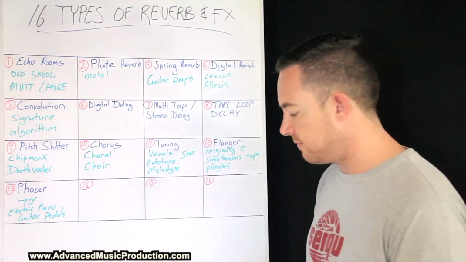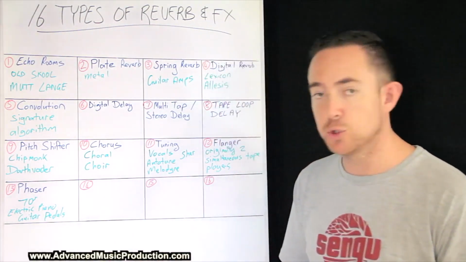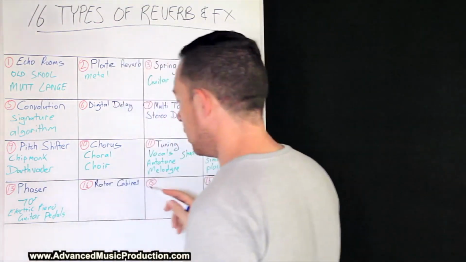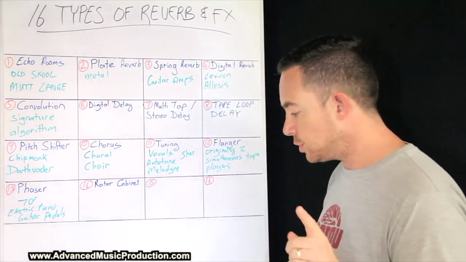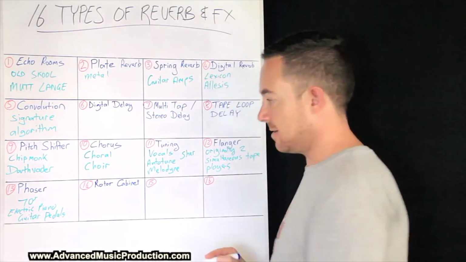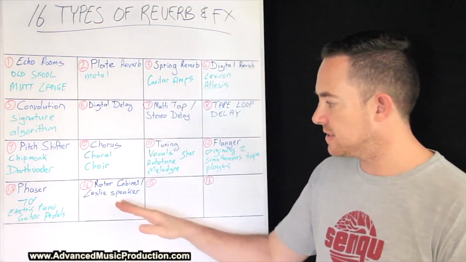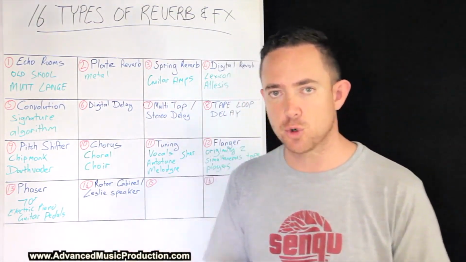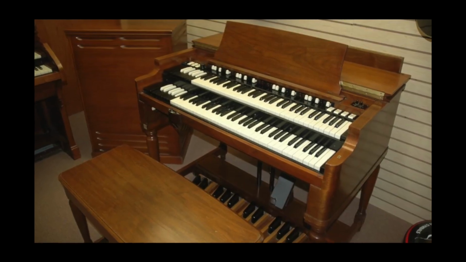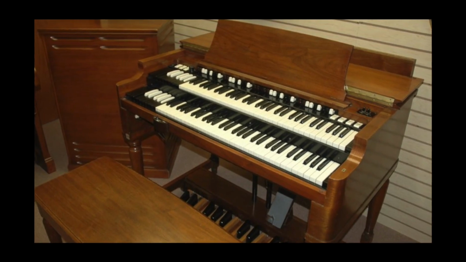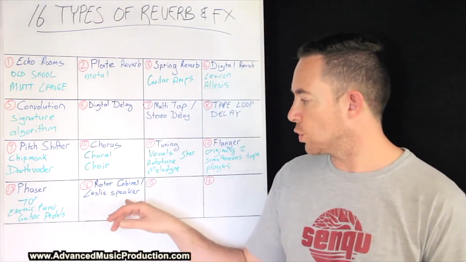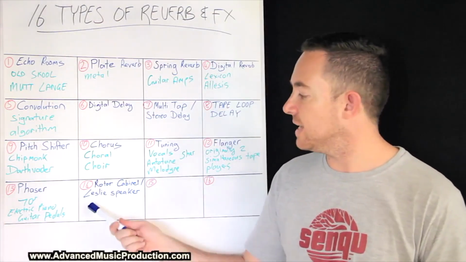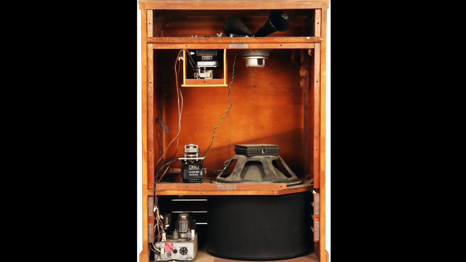The next kind of effect I'm going to talk about is called the rotor cabinet. Rotor cabinet, also known as a Leslie speaker. Let's talk about organs. There's a very famous vintage organ called the B3. In the early rock days, when guys started to use organs, they came out with something called a Leslie speaker, which was a rotary speaker.